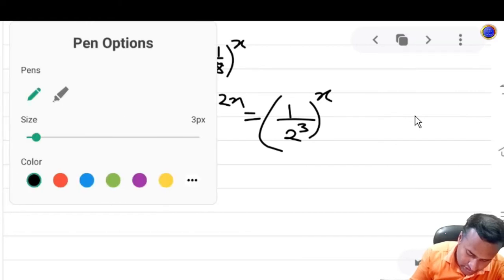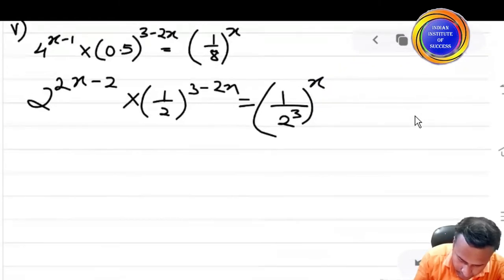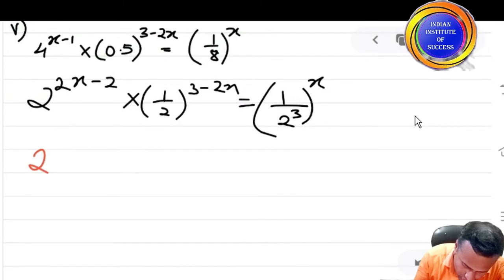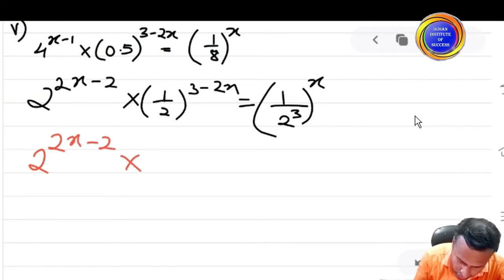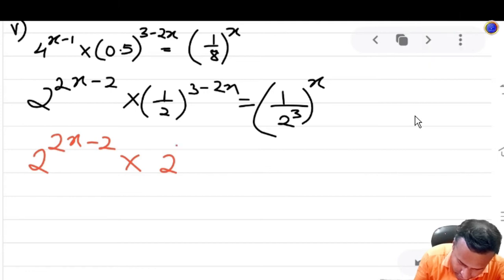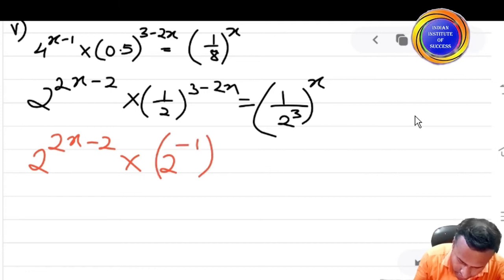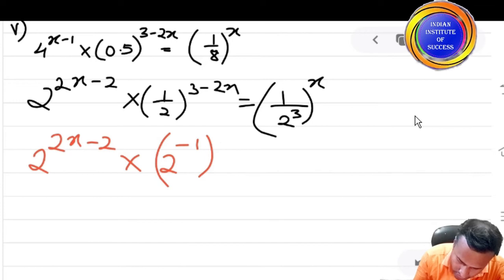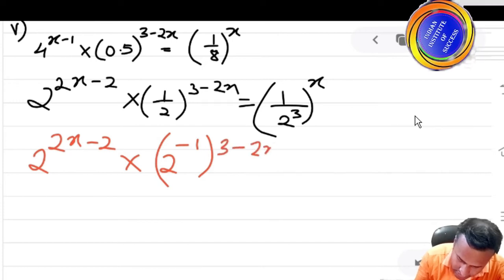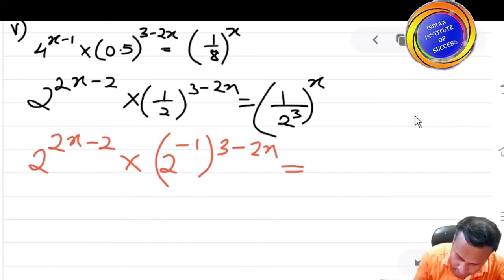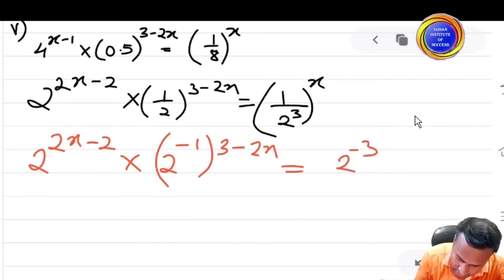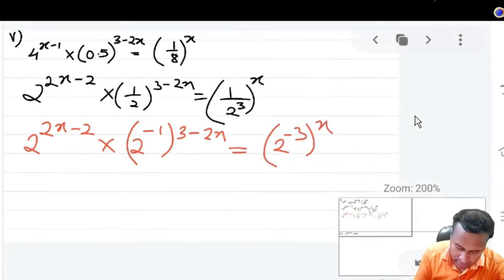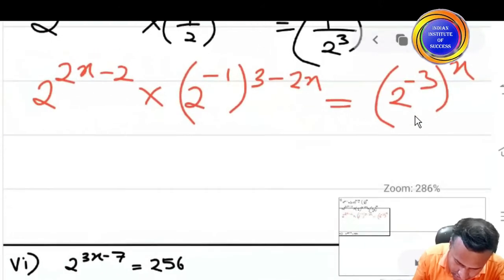Now here first, 2 is to power 2x minus 2 into 2 is to power minus 1 into 3 minus 2x equal to 2 is to power minus 3 into x. Now I hope you understood this.